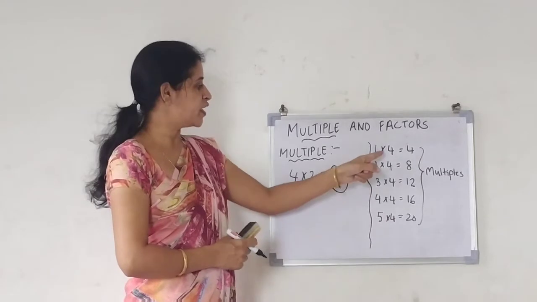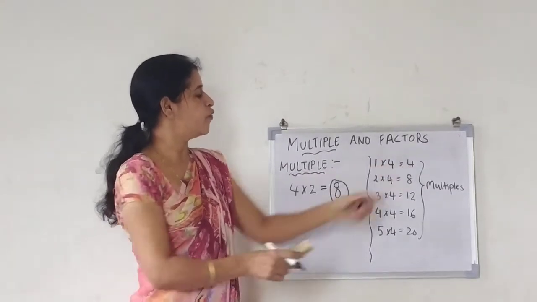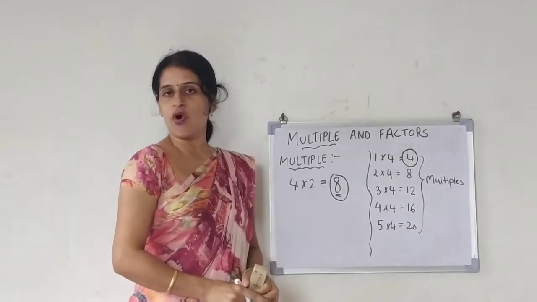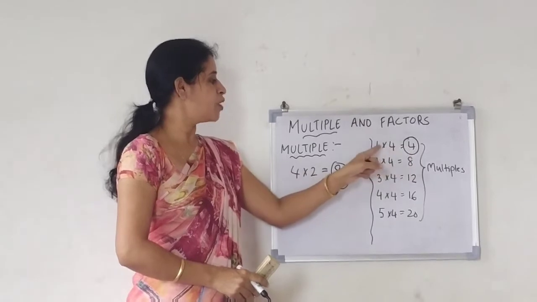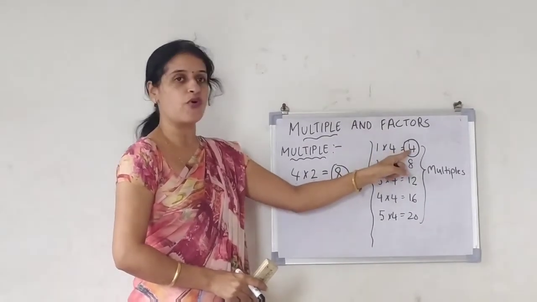See, I have written for you. 1 into 4 is equal to 4. This 4 is a multiple of 1 and 4.